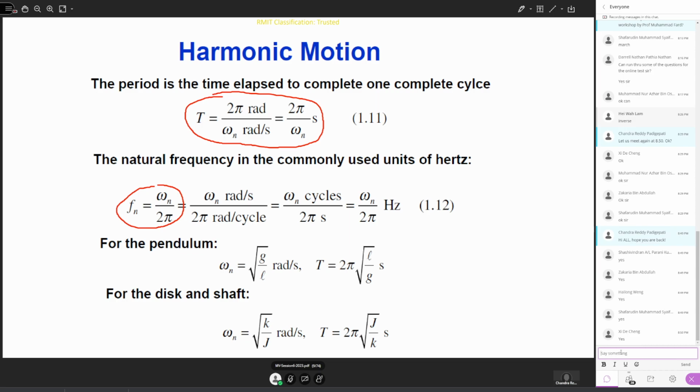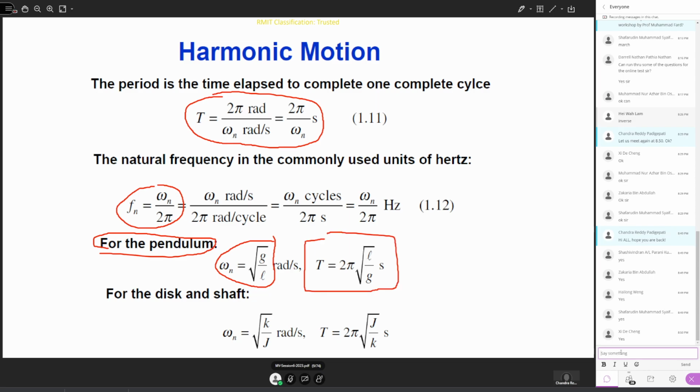When you're dealing with the pendulum system, the natural frequency of the system is root g over L. Then the period of the pendulum is 2 pi root L over g.